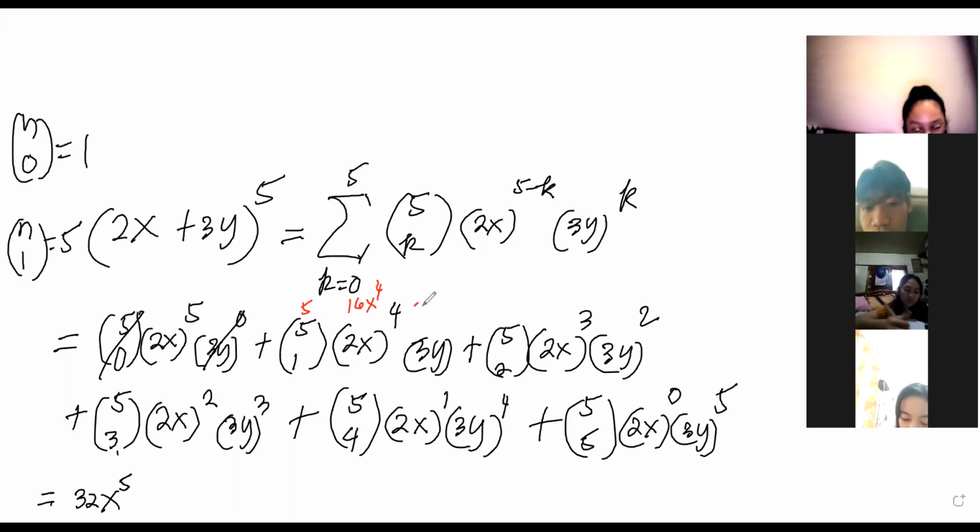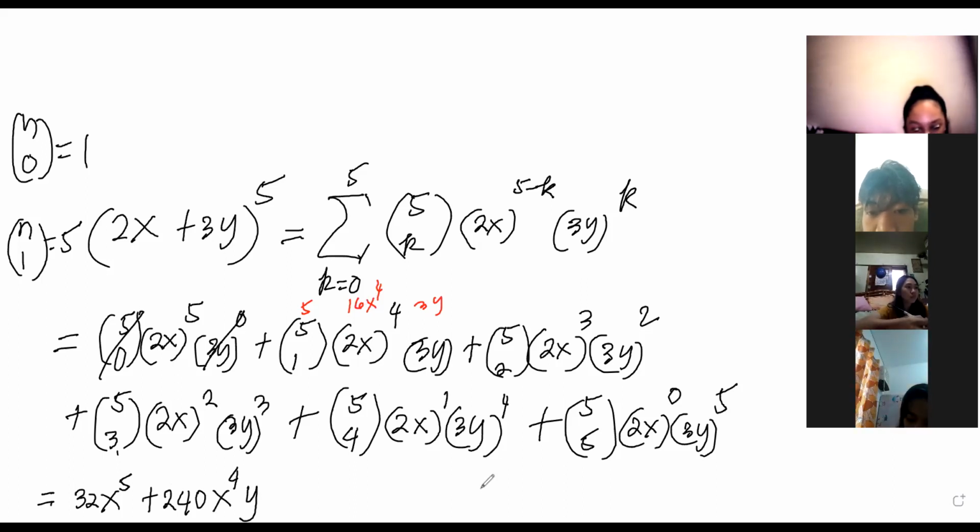And you have here 3y. So what you will be doing is you multiply the 3 of this. What is 5 times 16 times 3? Something like 15 times 16, right? 240, sir. So it should be 240 x to the power of 4 y. That is the answer for this portion.